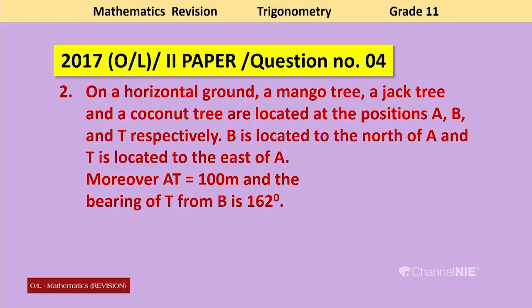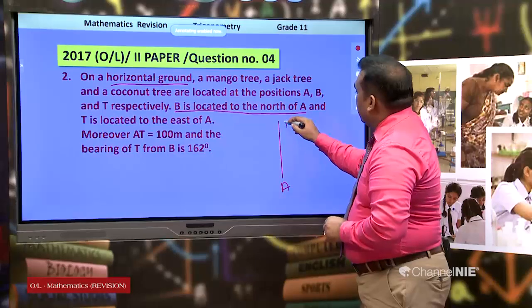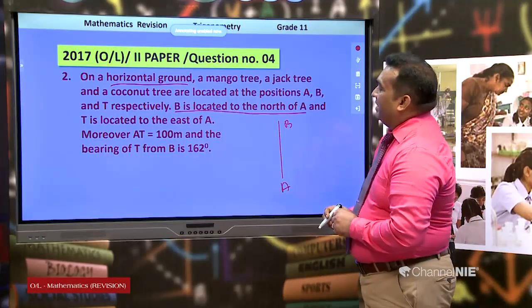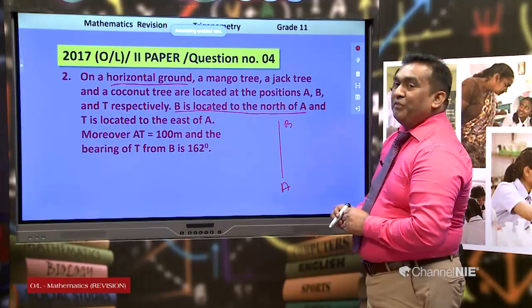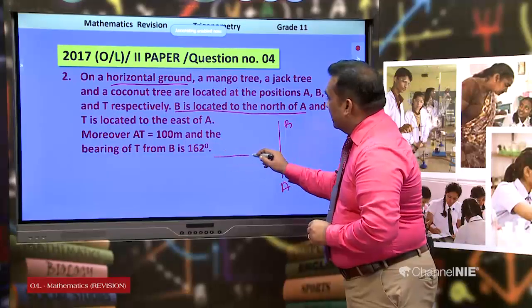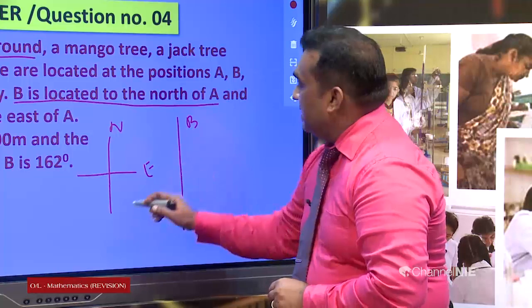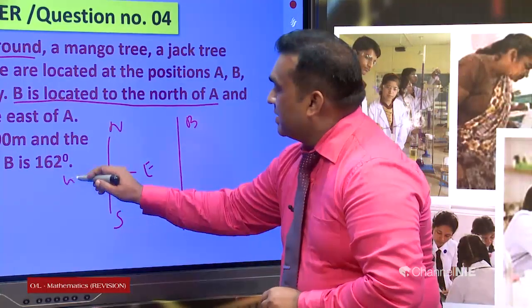B is located to the north of A. Here you have A, here B. And T is located to the east of A. Directions: north, east, south, west.